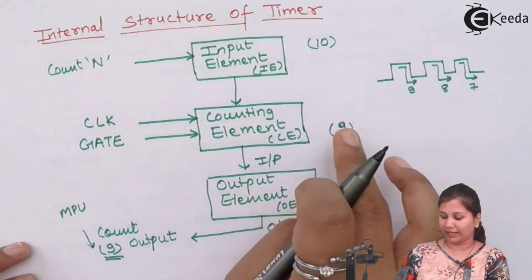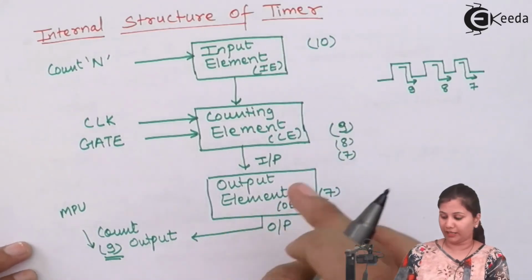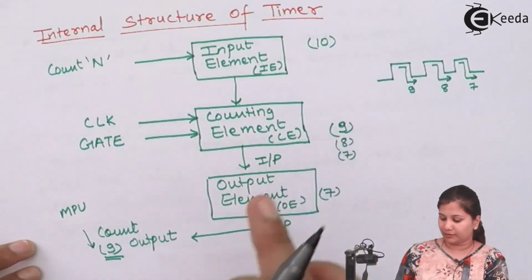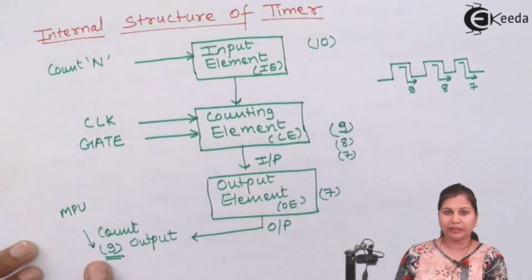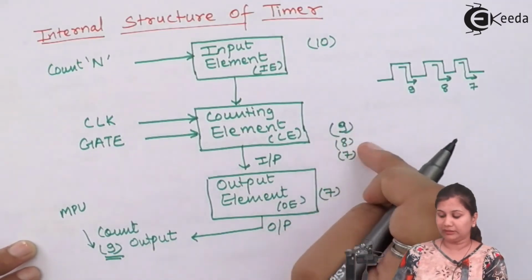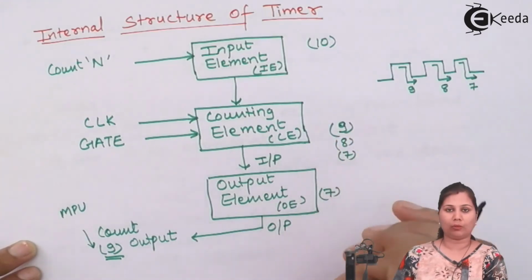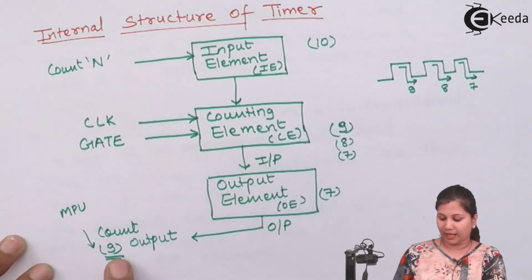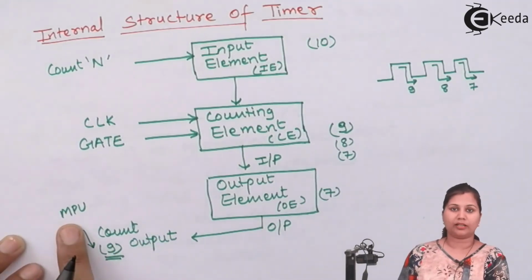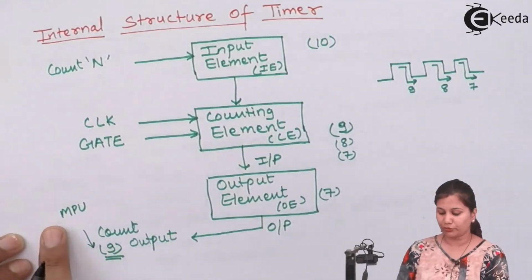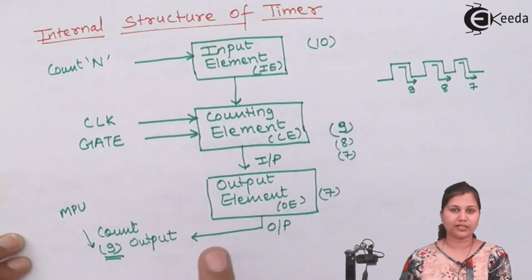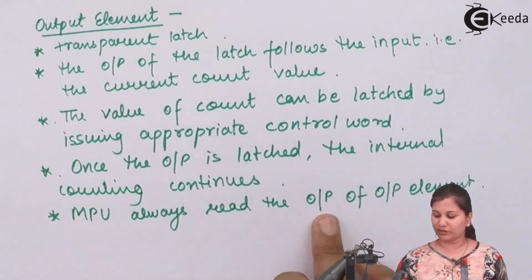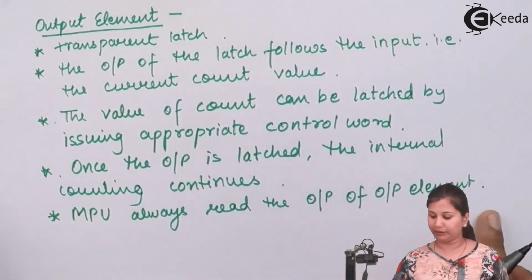When we latch the output of the counter, the output of the output element will become 9, but the internal decrementing of the count will continue. And the microprocessor always reads the output of the output element.